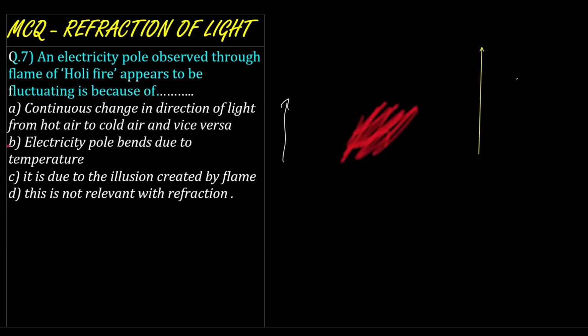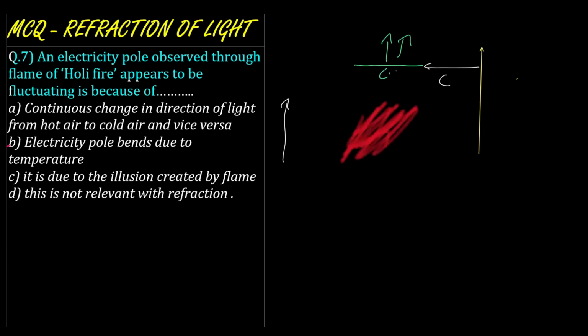What is expected to happen is that the light ray coming from this pole, as it travels, this is cooler air, and as it enters through this, or maybe above this also, this is cooler air, that means higher refractive index. As the ray of light travels from this zone, it has lower refractive index because hot air rises up.